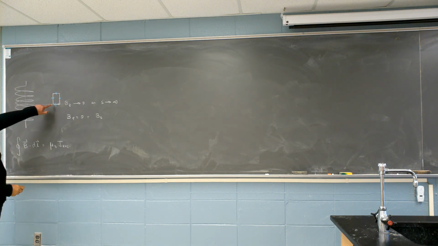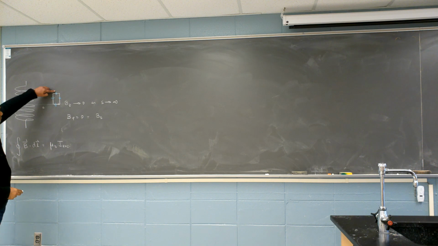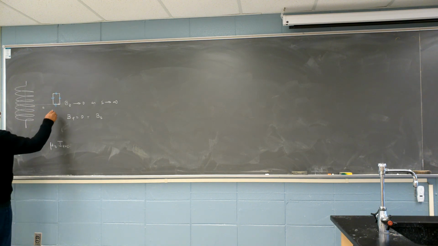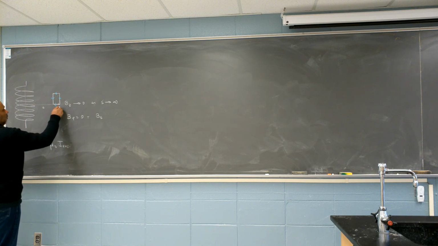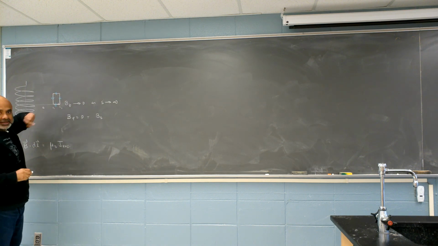For this particular loop, there's no B here and B here. So let me call these s2 and s1, meaning the distance from the axis.